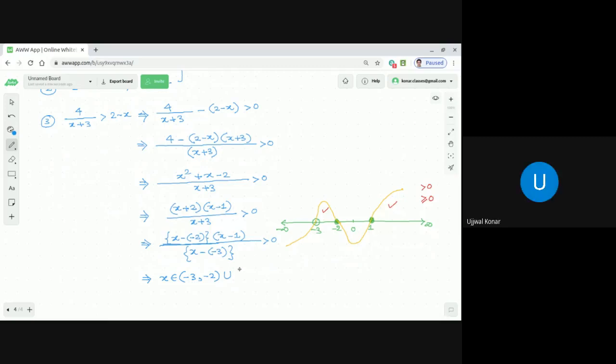But all will be open intervals. Why? Because the inequality here is greater than 0. So this is one solution we get.